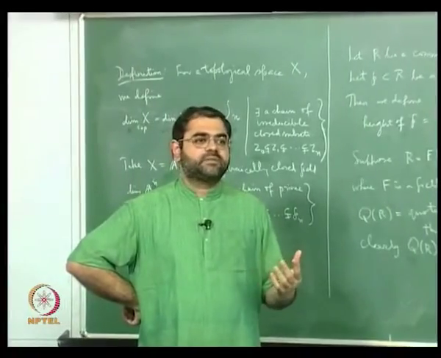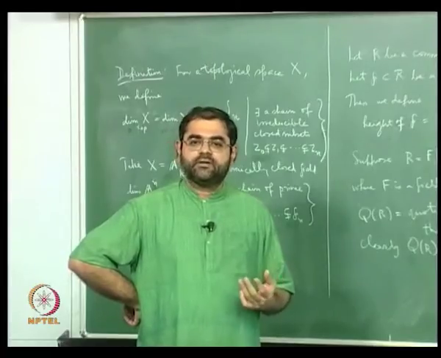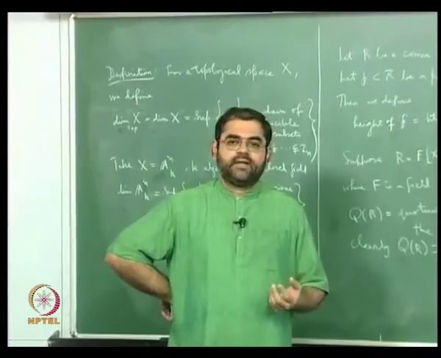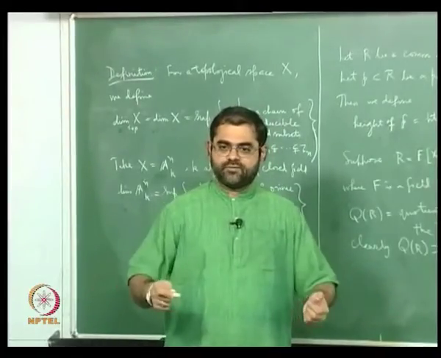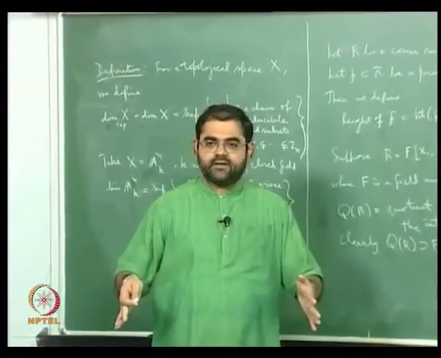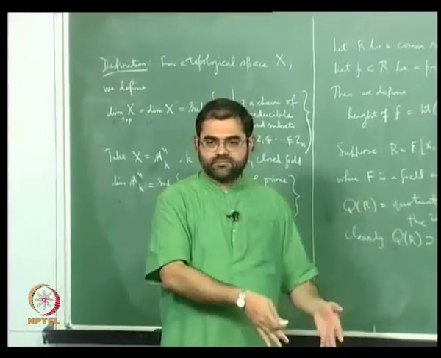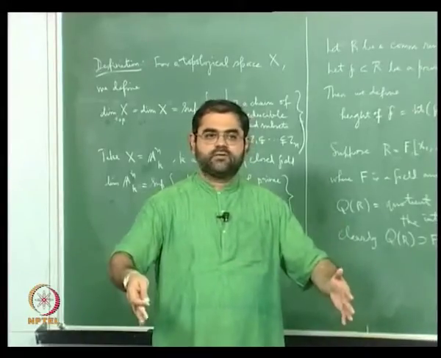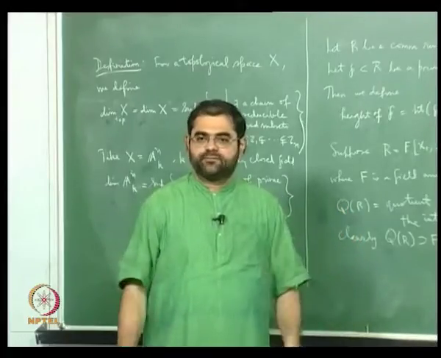The dimension of a vector space is defined as the maximal number of linearly independent vectors, okay. So in other words, you take a maximal subset of vectors which are linearly independent, take its cardinality and call that cardinality the dimension of your vector space. So the dimension of the vector space is just the cardinality of a maximal set of linearly independent vectors, okay.